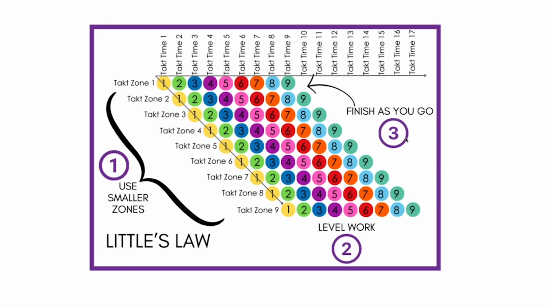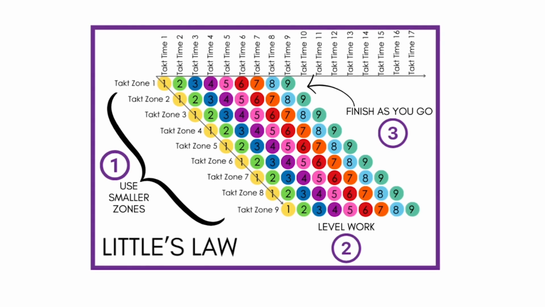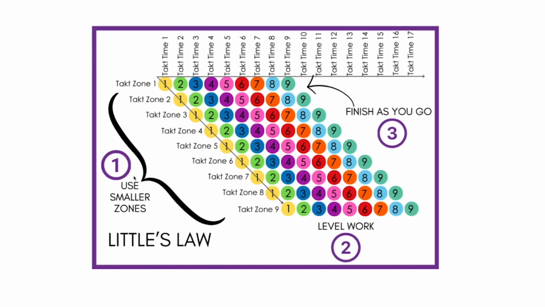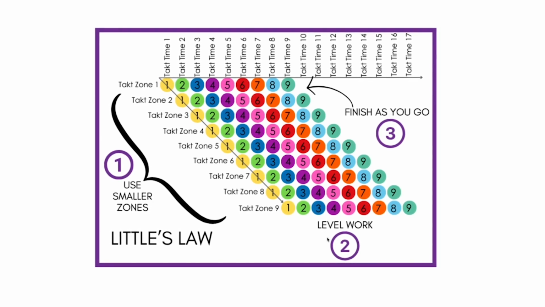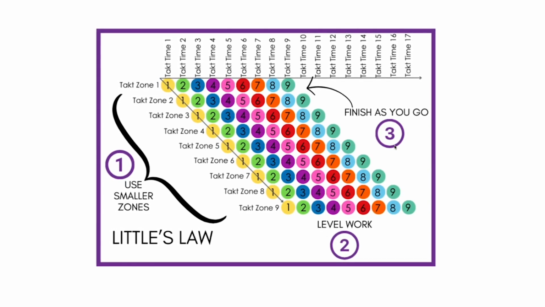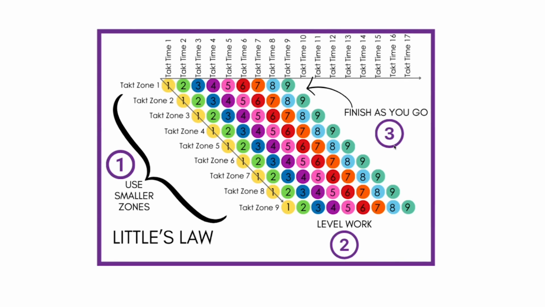Another production law I want to talk about is Little's Law. I've already mentioned it, but the law basically says that if you use smaller zones or smaller batch sizes, you'll go faster. If you level the work, you'll go faster. If you finish as you go, you'll go faster. And as you can see, the Takt Production System complies with all of those requirements.